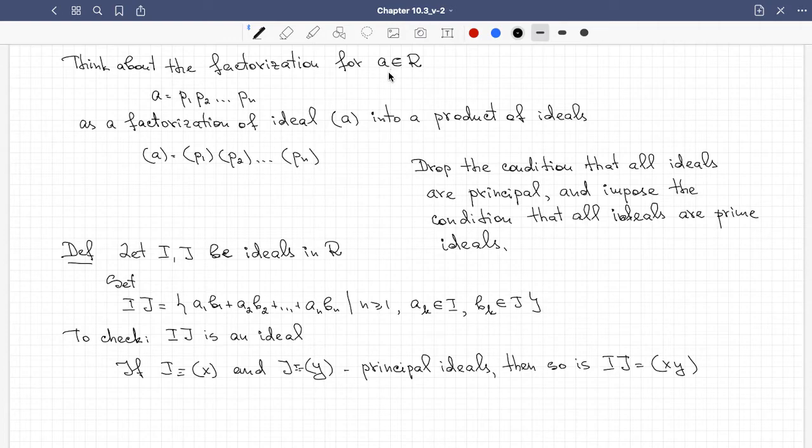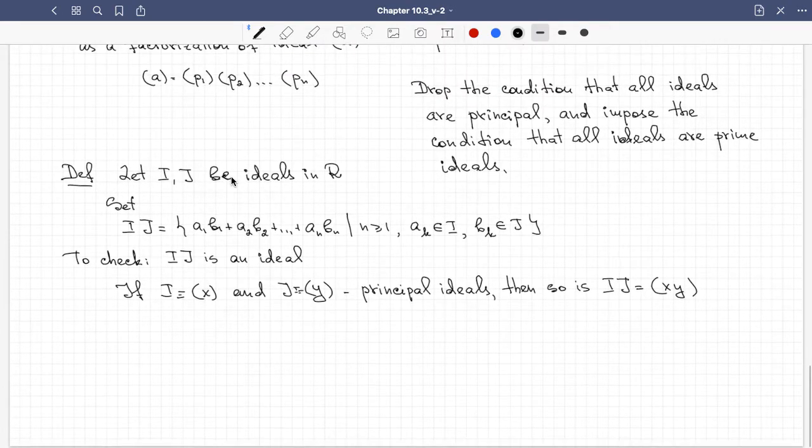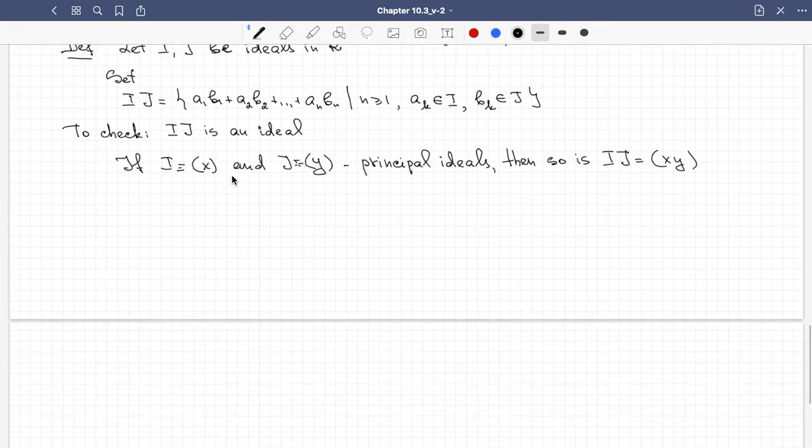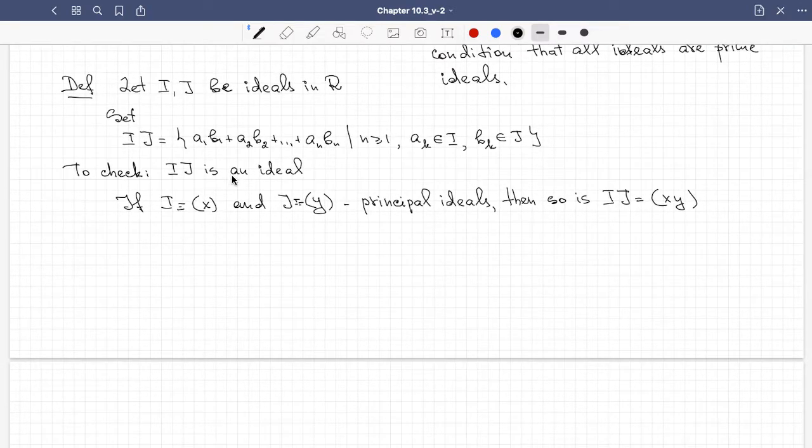If it was a decomposition of an element into a factorization into a product of irreducibles, these ideals, as we have seen in the example, may not be prime ideals. Decompose them further, factor them further into a product of prime ideals. The fundamental theorem of arithmetic will now state the corrected version.